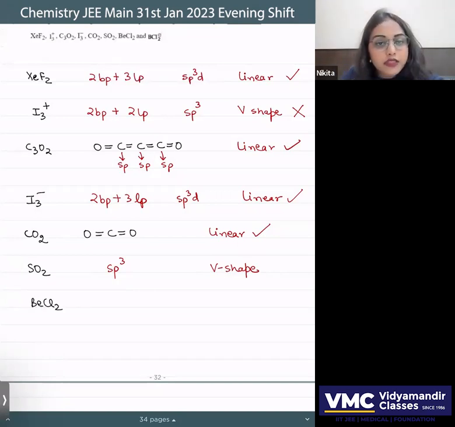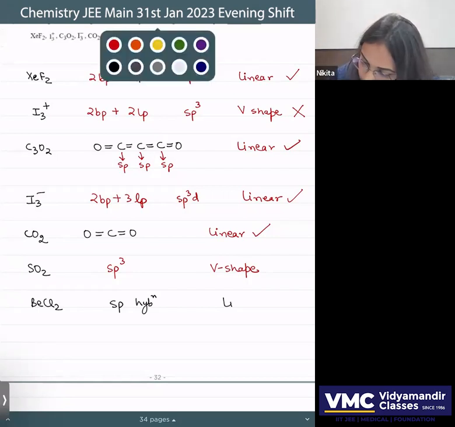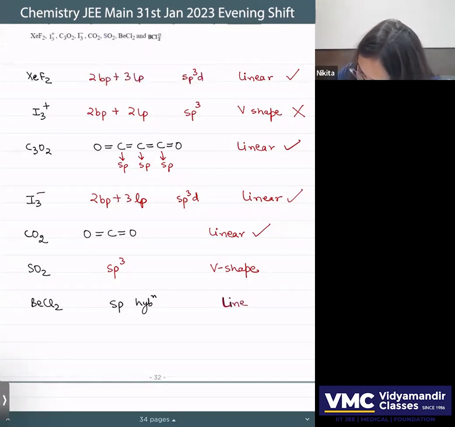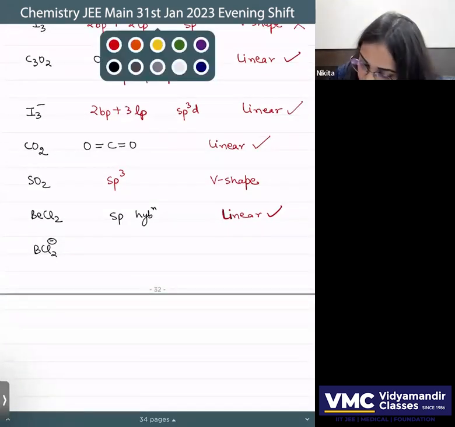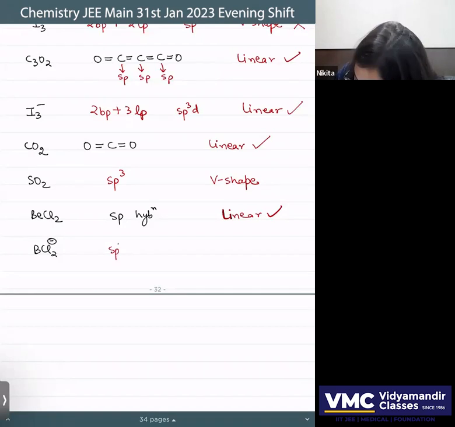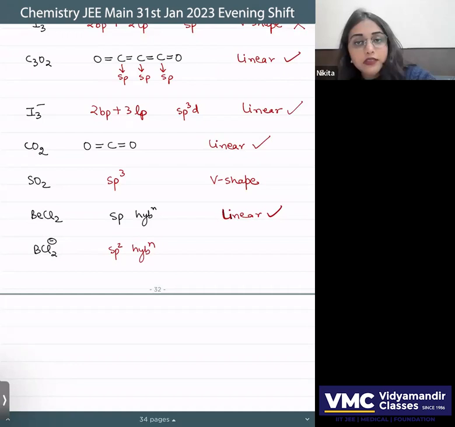In the case of BeCl2, we have sp hybridization and the shape will be again linear. Correct? Next we have BCl2 negative. For BCl2 negative, we have sp2 hybridization, and due to presence of one lone pair, the shape will become again V-shaped.